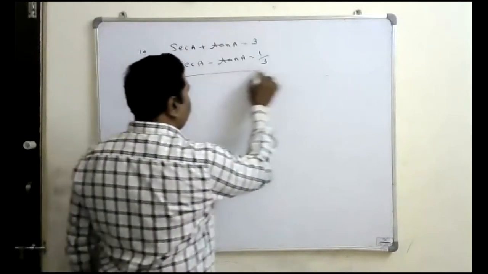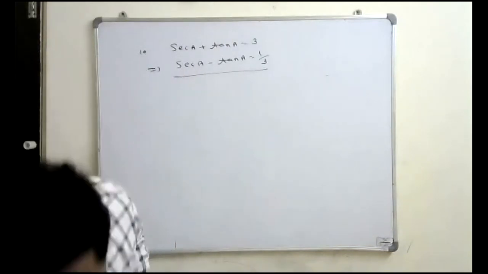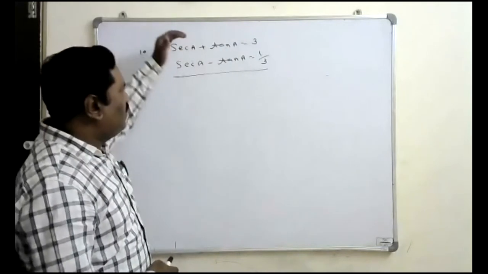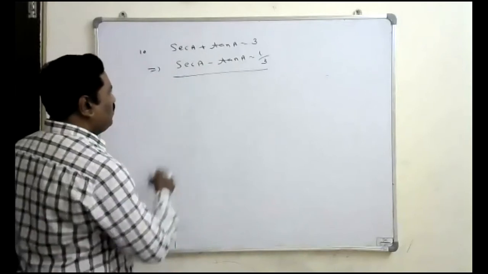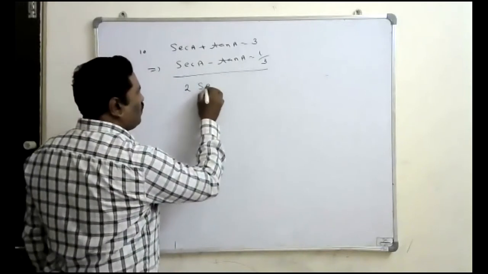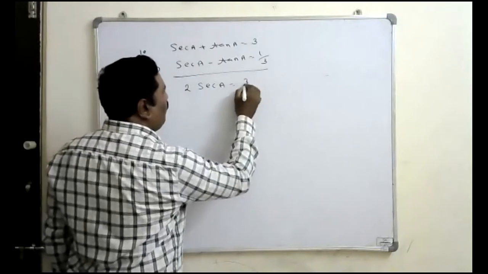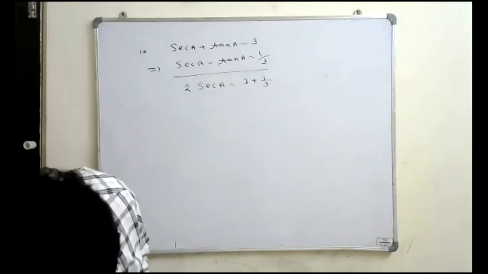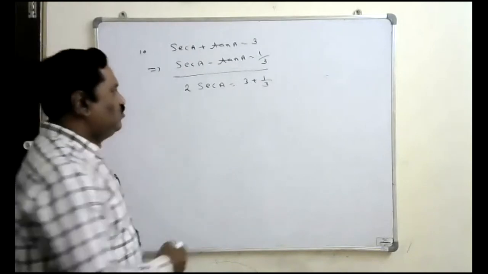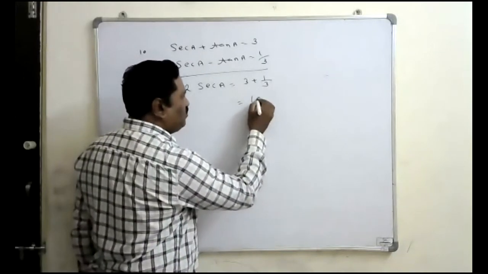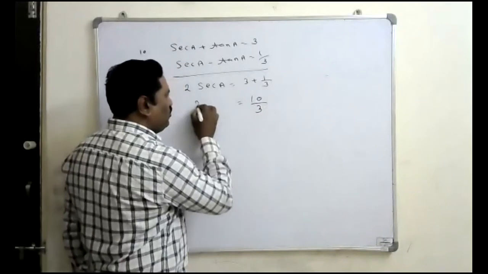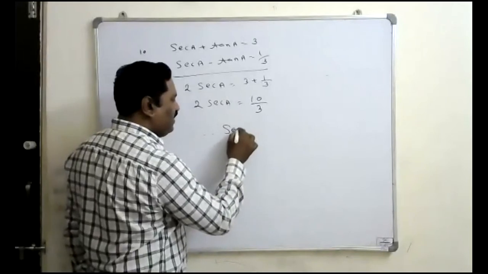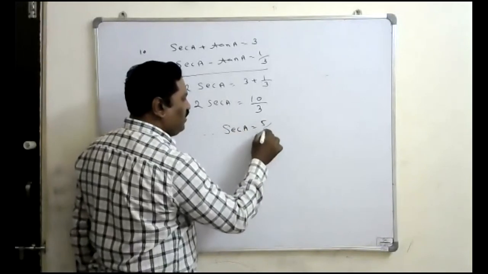Now if we add these two, tan A gets cancelled, and secant A plus secant A, which is 2 secant A, is equal to 3 plus 1 by 3, which is 10 by 3. Dividing by 2 on both sides, therefore secant A is equal to 5 by 3, which is the answer.